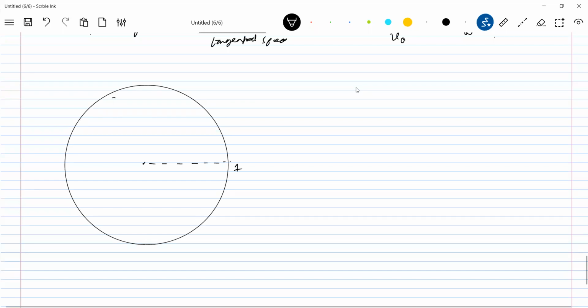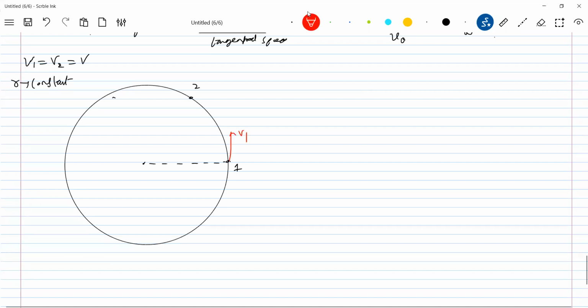Particle at position 1. Let's describe uniform circular motion. The speed of the particle remains constant. Now the particle is at position 1. After some time, let it arrive here. Then what is the velocity here?